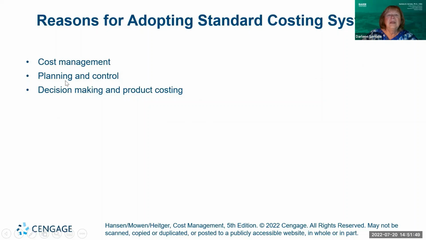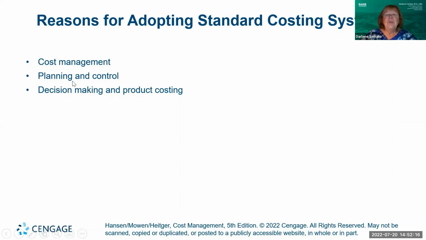Okay, so we want to use a standard cost system for planning and control purposes. The definition of a standard is the budget for one unit of product.